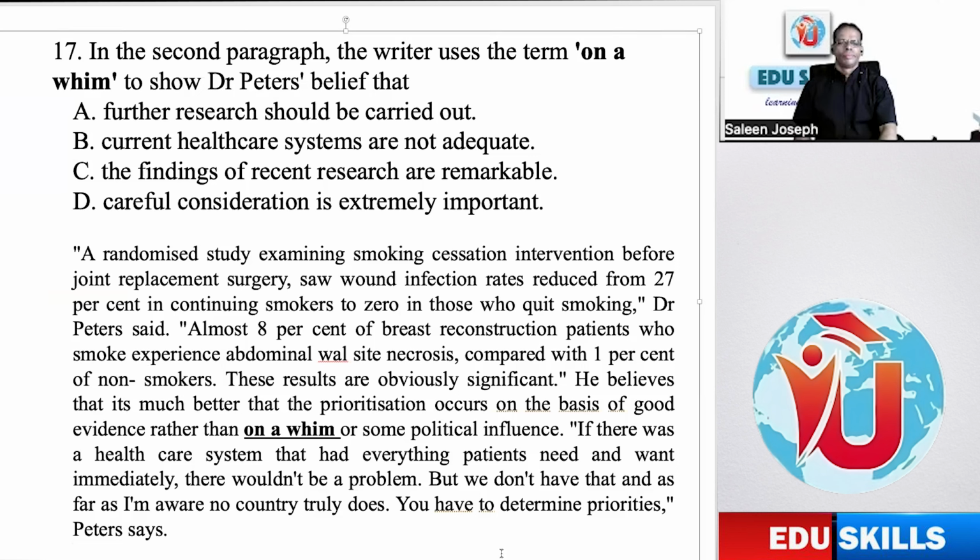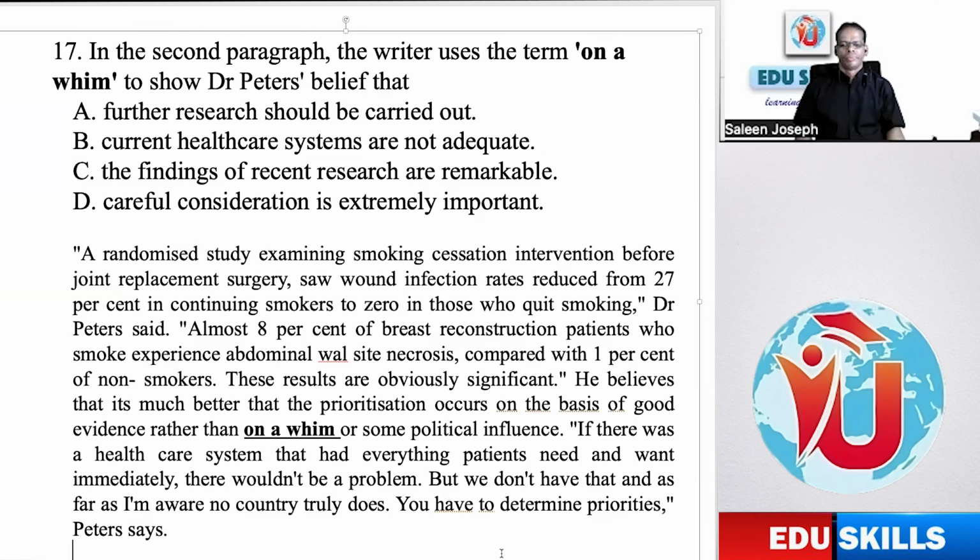A randomized study examining smoking cessation intervention before joint replacement surgery saw wound infection rates reduced from 27% in continuing smokers to 0 in those who quit smoking, Dr. Peters said. Almost 8% of breast reconstruction patients who smoke experience abdominal wall site necrosis, compared with 1% of non-smokers.